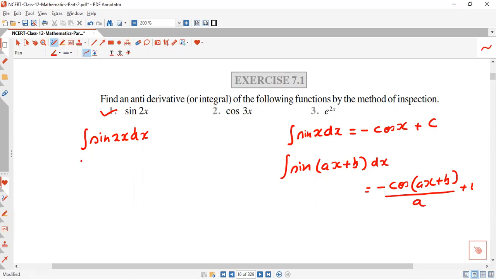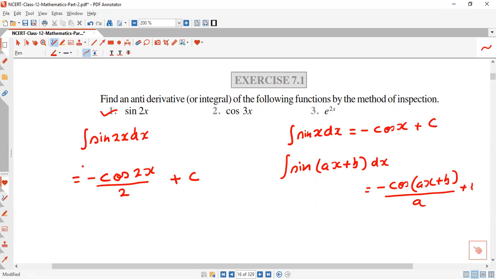If we use this formula, the integral of sin 2x equals minus cos 2x divided by 2 plus some constant c.